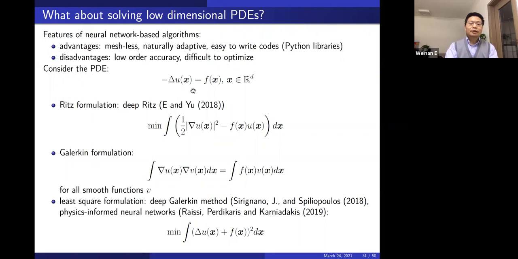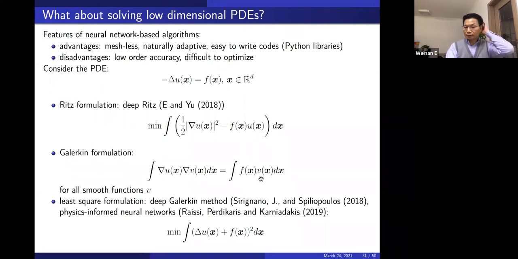Let me also clarify some terminology. Consider this simple PDE. In numerical analysis, we have 3 kinds of formulations. The Ritz formulation, which is to formulate this as a variational problem. This is an equivalent variational problem. The Galerkin formulation, which is this kind of weak formulation with test functions.